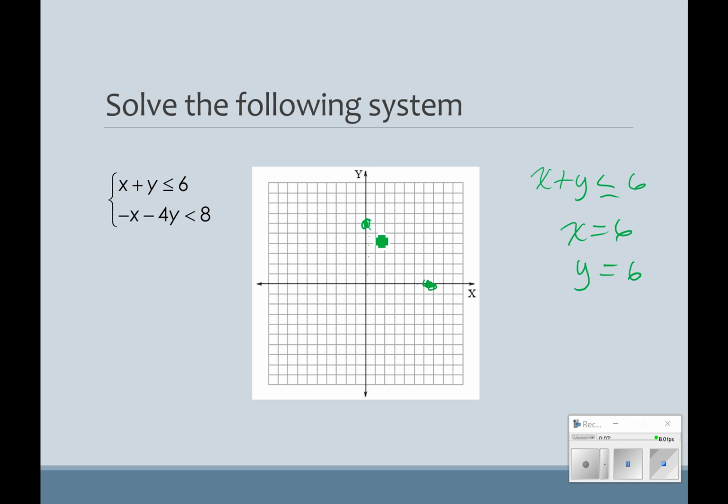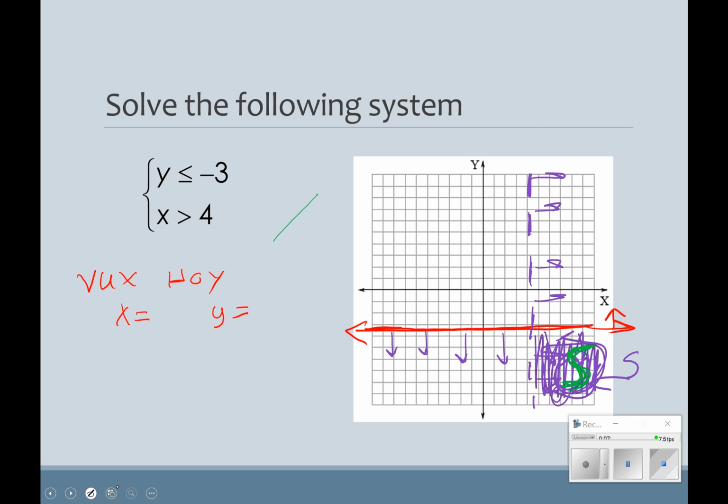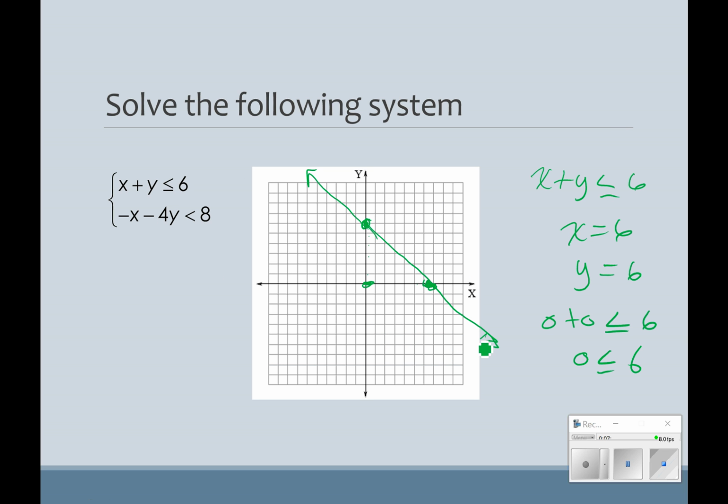And I can just connect the dots. And remember here, we want to definitely double check with our test point. So if I pick (0, 0) and I put it in, 0 plus 0 is less than 6 is true. So the solution to that inequality is going to be below. And also, if you wanted to just not shade all the way, just draw something that indicates where that solution is.